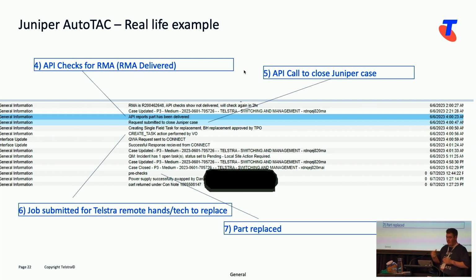That part was successfully replaced and we closed our job. So in this case, the power supply replacement was 99% zero touch. The only engagement that we had from a human was A, the physical person on site doing the work with the part, and B, when he called into our NOC to say, hey, I'm ready to go.